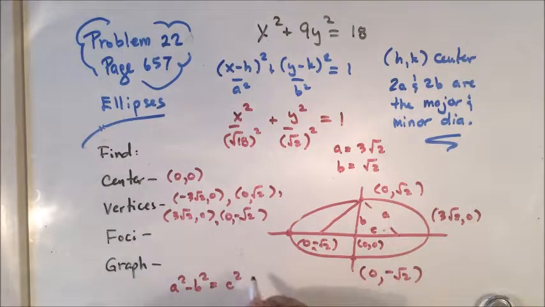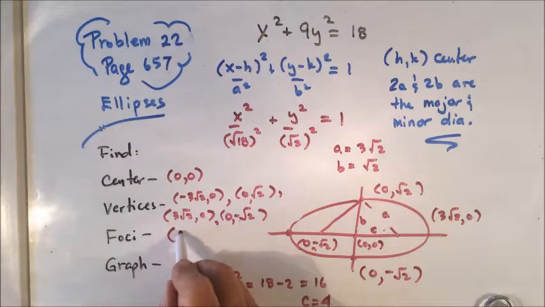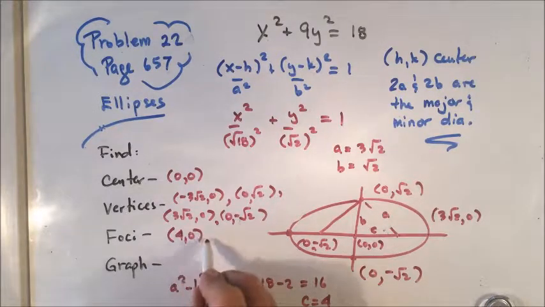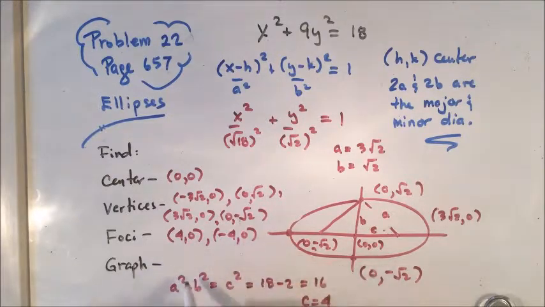Let's put some of these numbers back in. A squared is 18, b squared is 2, c squared then is 16, and c is equal to 4. So the focal points are (4, 0) and (minus 4, 0).